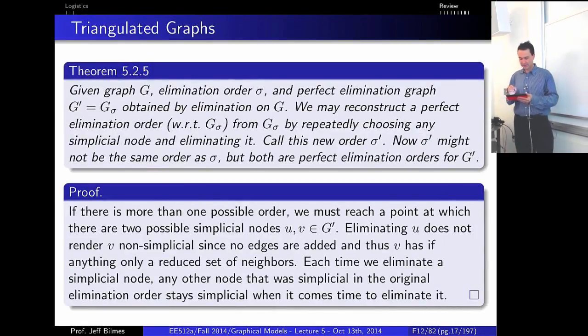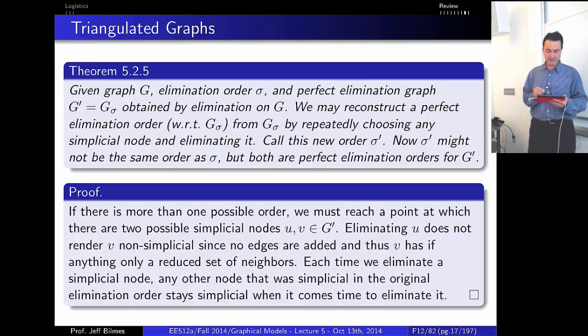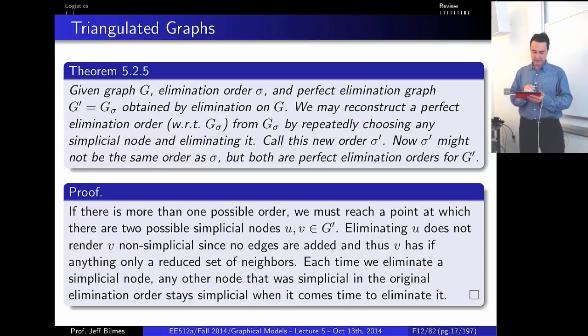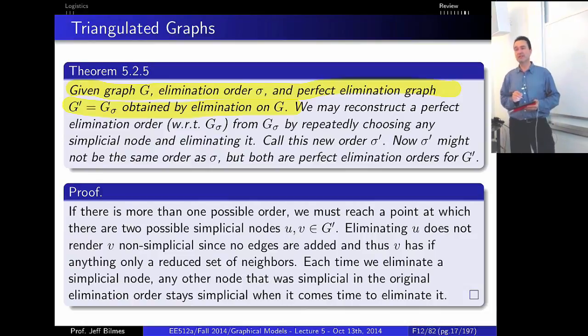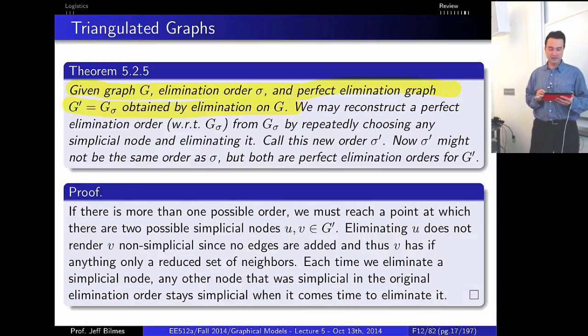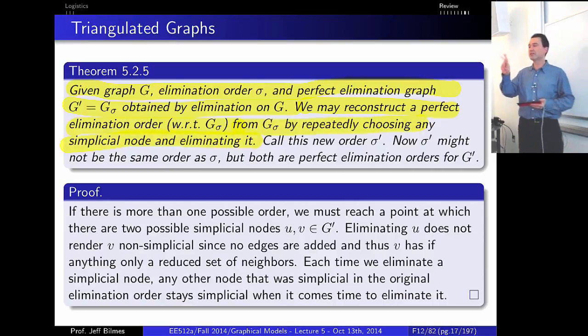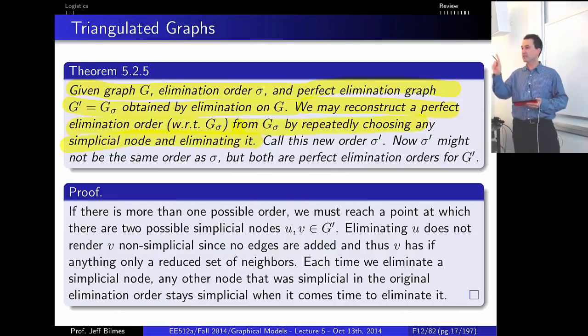Okay, the other theorem we have: if we have a graph and an elimination order, and then we get this perfect elimination graph G prime, the reconstituted graph by running elimination on G, then we can reconstruct a perfect elimination order with respect to G prime, the reconstituted graph, by repeatedly choosing any simplicial node. So remember, a simplicial node is a node whose neighbors are fully connected in the current graph.